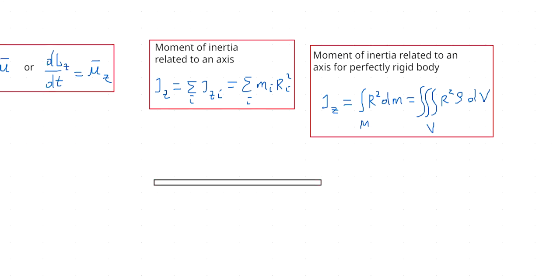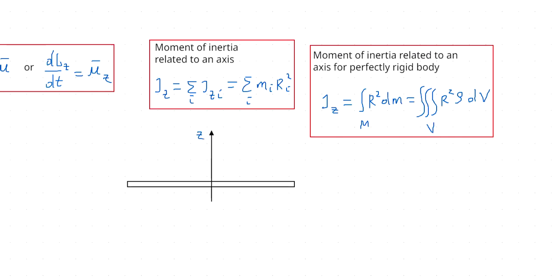This is a thin homogeneous rod. In this case, we have the axis z. Here we have half of its length.